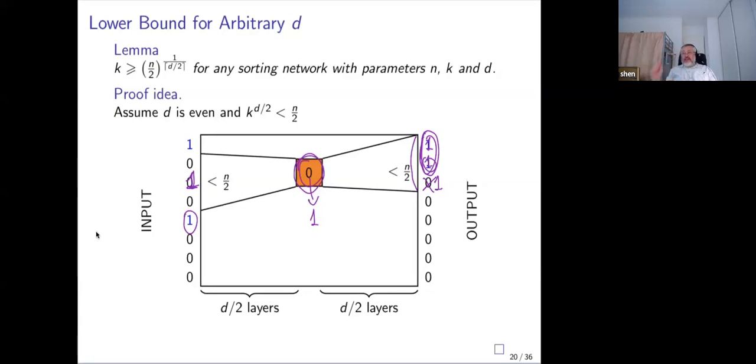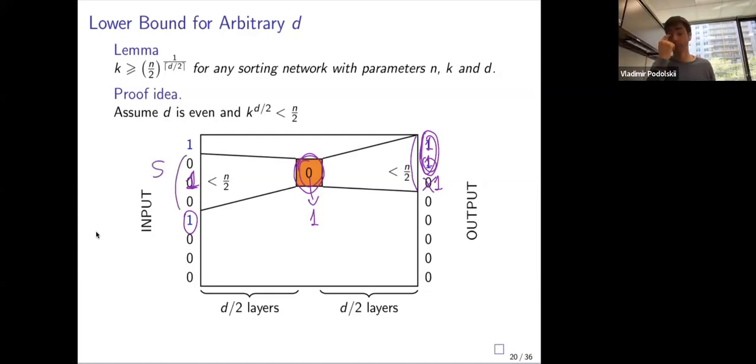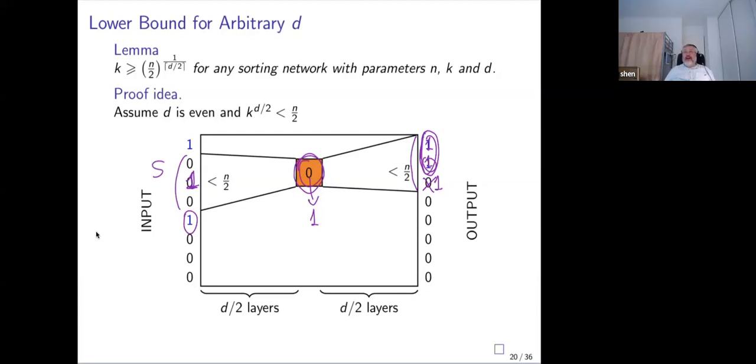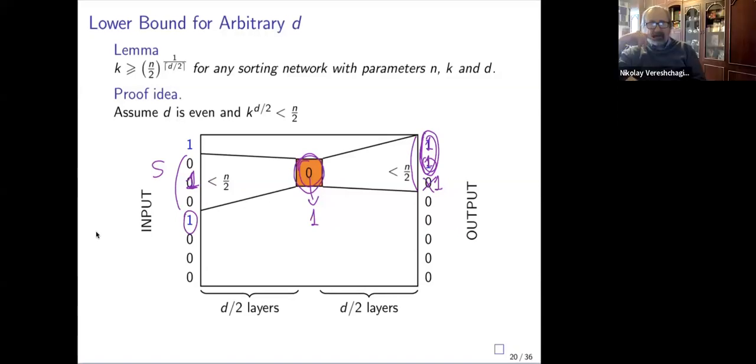We can make 1 in the last row by also switching some input inside the zone connected to the middle 0, because we can switch any 0 to 1, and this will increase the number of ones on the right.